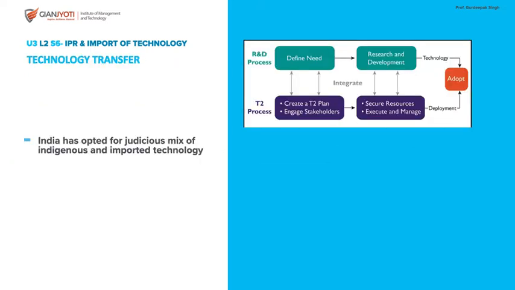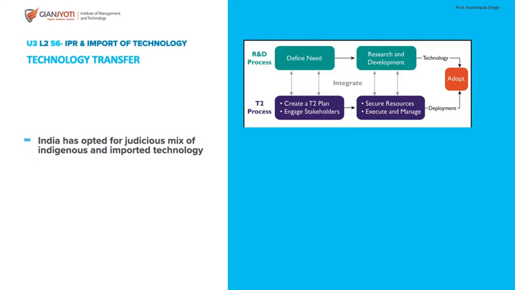Next, let's talk about technology transfer. When we talk about technology transfer, as you all know, there are two routes to it. One is that you set up your own R&D process. So you define the need, what you are looking for. Then it is through the indigenous, that is your in-house R&D capabilities, based on which you do the research and development and you come out with a technology which you can adopt.